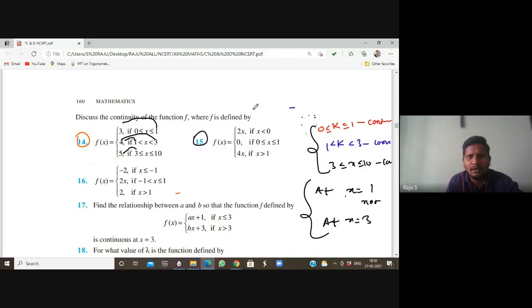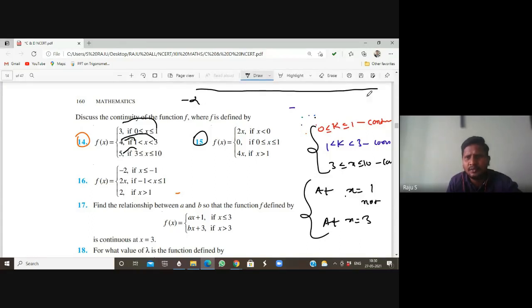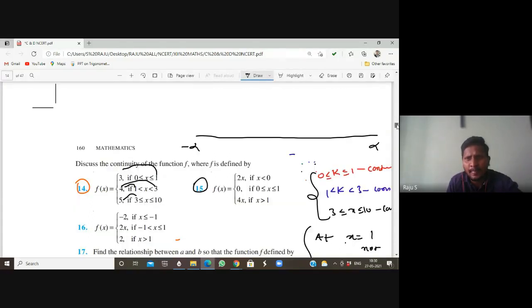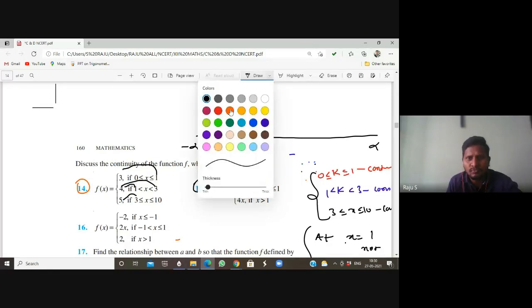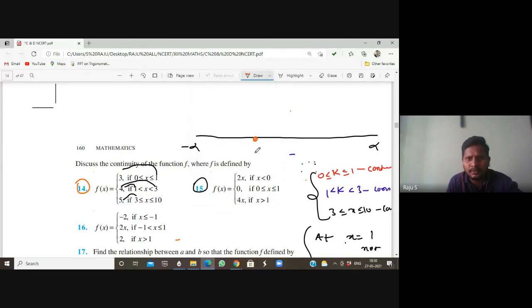You can try this. Question number 15. In every question, first you try to draw the real line, minus infinity to infinity. Here 0, here 1, only two values.